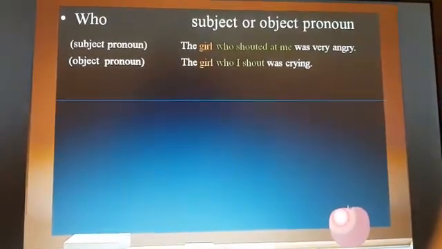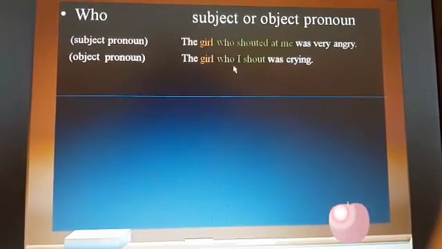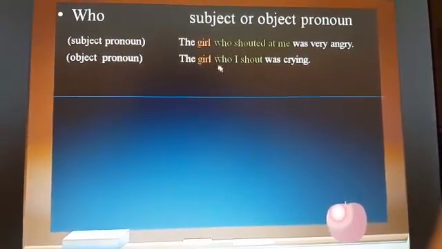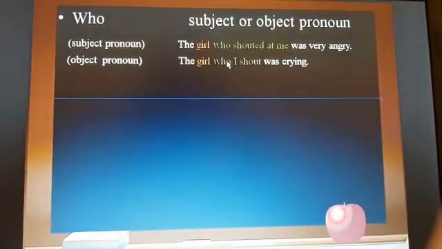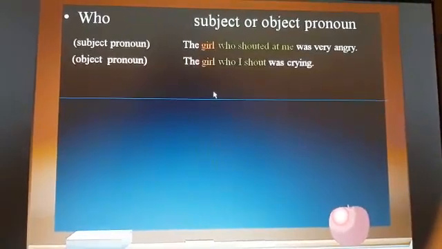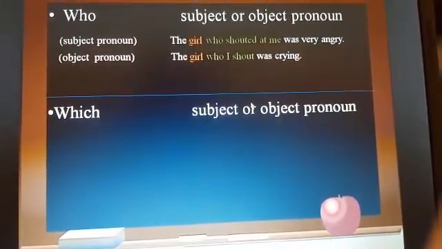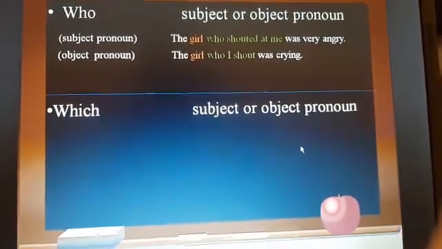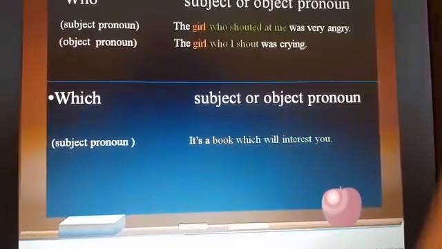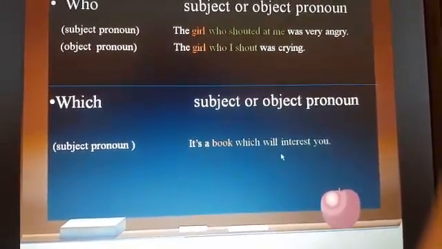The girl who I shouted at was crying. So who I shouted at is the defining relative clause. Who is the object pronoun and represents the girl. So I shouted at the girl. Which can also be used as the subject and object pronoun in the defining relative clauses. For example, which as a subject pronoun, it's a book which will interest you.